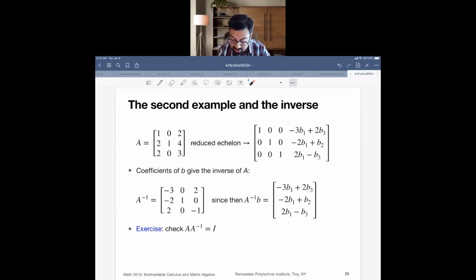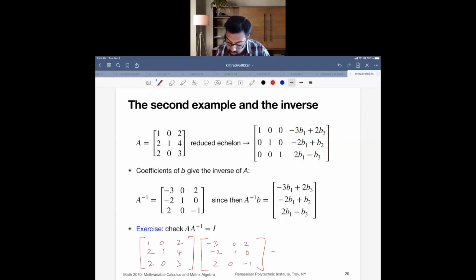And you can check this by finding A times A inverse. So A was given to us as 102, 214, 203, and A inverse, which turned out to be the coefficients of this, is negative 302, negative 210, 20, negative 1. You can check this and it will satisfy the identity matrix.